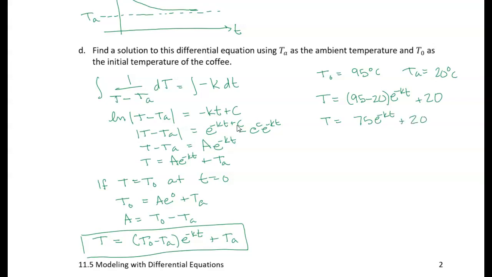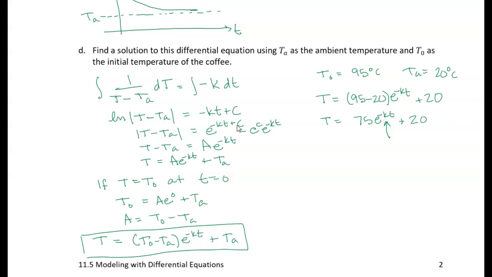All right. Now you notice we still have a constant in there, right? We still have this k constant. And so we really would not be able to solve this unless we know this k value, okay? And if you take thermodynamics or heat transfer, or some physics that involves heat, you'll learn that this k depends on the heat transfer coefficient and the surface area.